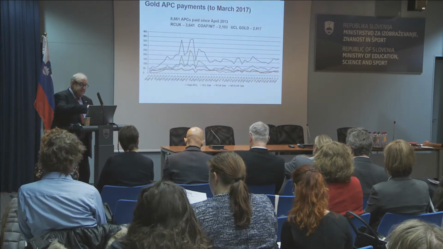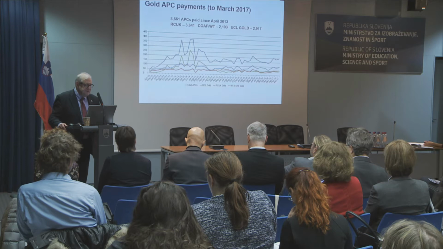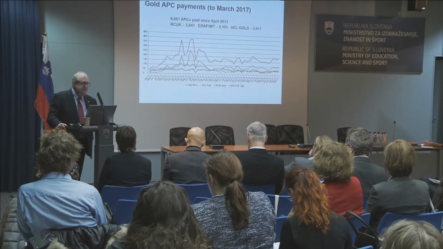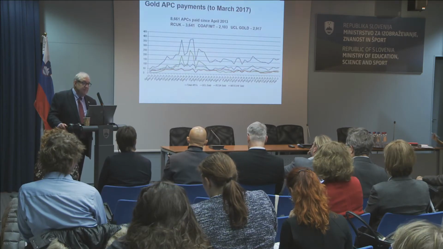And all this money, the money that's coming in from the research funders, about £2 million a year from Research Councils UK, about £1 million a year from the Wellcome Trust, comes to the library, because the library has taken on the role of managing these funds on behalf of the university.